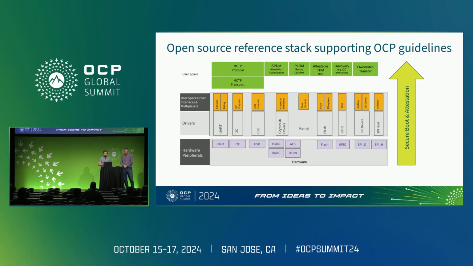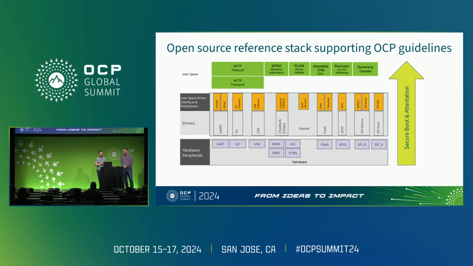TCG has a nascent, not so nascent anymore, effort called TPM-RS to do essentially a from scratch implementation of the TPM library in Rust, not the client layer, the actual implementation which would go on the device. So that's really promising, and we hope that effort succeeds.